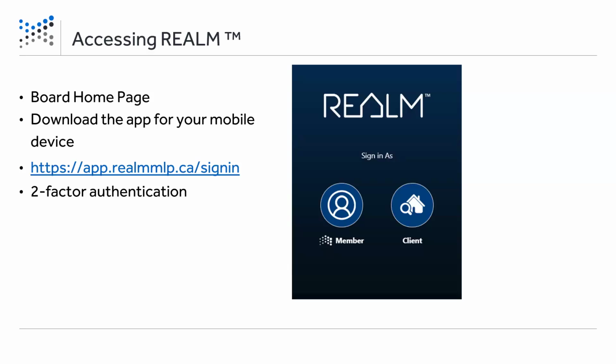A third way that you can access Realm is by visiting the Realm website directly, which is app.realmmlp.ca. And you can use this site, but so can your clients, right? Because your clients won't have access to the PropTx tools page. That's something that's unique to PropTx users.